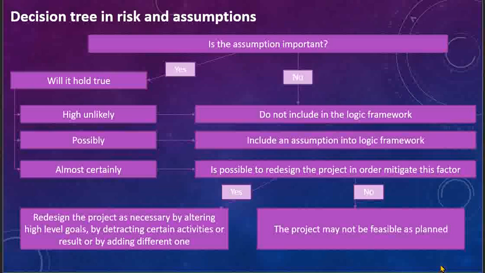You have two options. Is it possible to redesign this project in order to mitigate this factor? That is the question that you're going to ask yourself. If it is highly or almost certain that the risk will occur, can you redesign? If yes, redesign the project as necessary by altering high-level goals. So twist your goals by removing certain activities, avoiding certain activities that would lead to the project goal, and adding different activities or results.